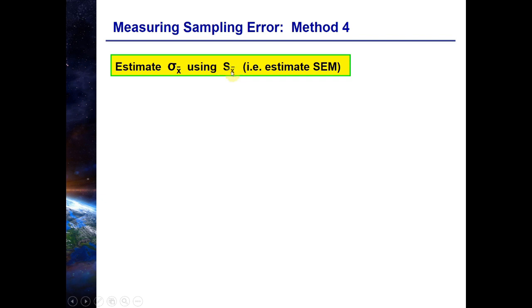Now, once we do this calculation, I'm going to show you that in a second. Technically, this is not standard error of the mean. Technically, this is an estimate of standard error of the mean. This is SEM. This is the estimate of SEM. Now, if I ever ask you that in a quiz question, I will say, is this SEM or is it an estimate of SEM?